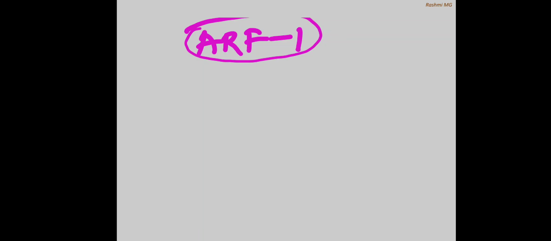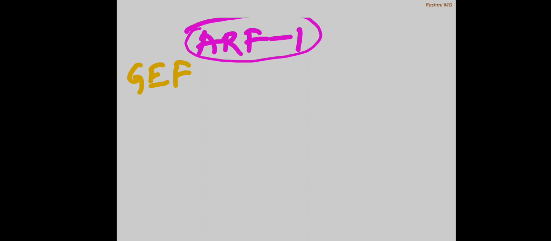To explain this, I'll take one empty slide. For the activation of ADP ribosylation factor 1, there is something needed, that is GEF. Remember this GEF, that is guanine nucleotide exchange factor.